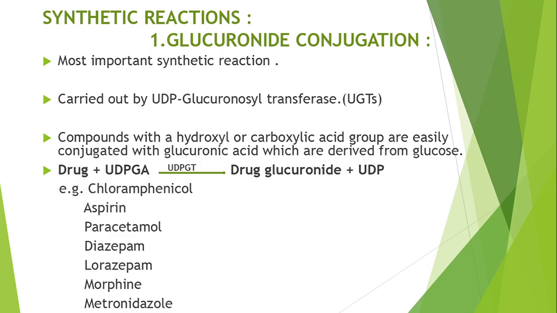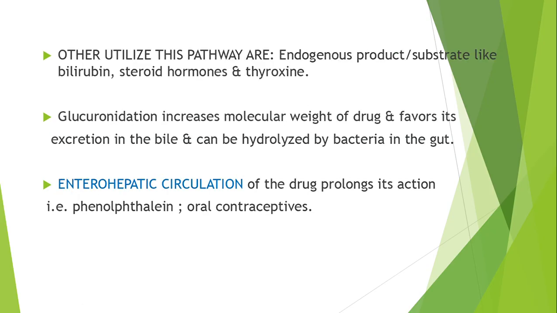For example, chloramphenicol, aspirin, paracetamol, diazepam, lorazepam, morphine, metronidazole are drugs that undergo glucuronide conjugation. Other endogenous substrates that utilize this pathway are bilirubin, steroid hormones, and thyroxine.